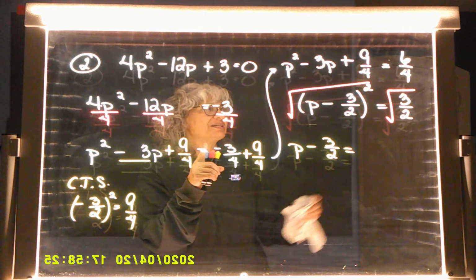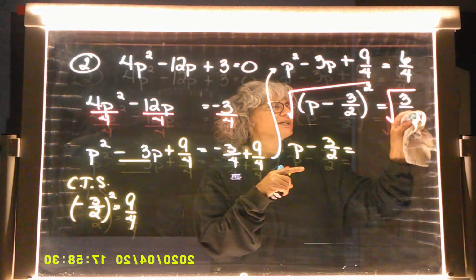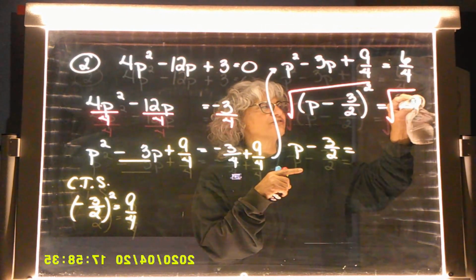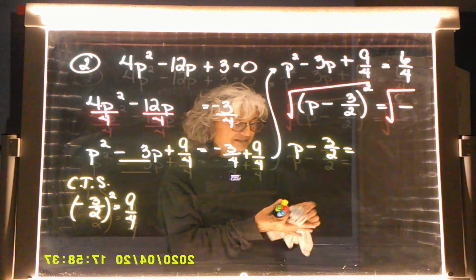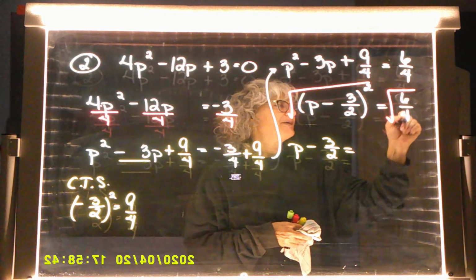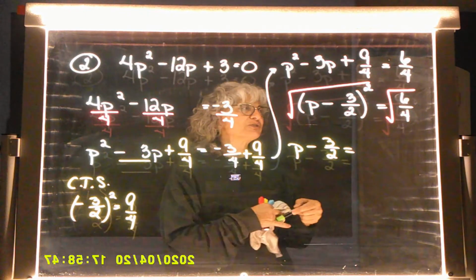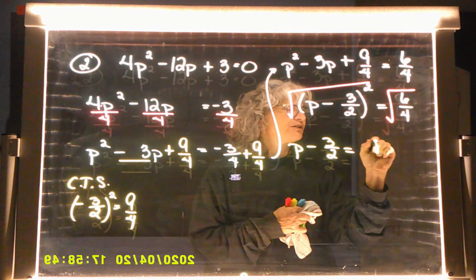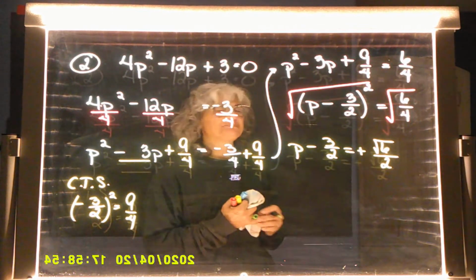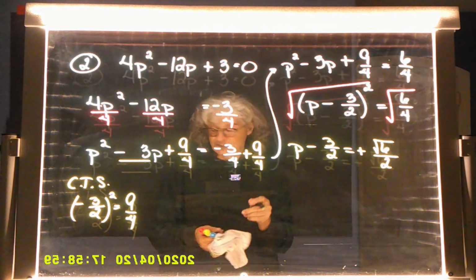But what I'm noticing is if I left it as 6/4, the 4 is a perfect square, isn't it? The 6 may not be, but the 4 is, and that's fine with me because I may not be able to take the square root of 6, but I can certainly take the square root of 4, which is, good, 2. So, but you're going to come up with 2 answers, aren't you?